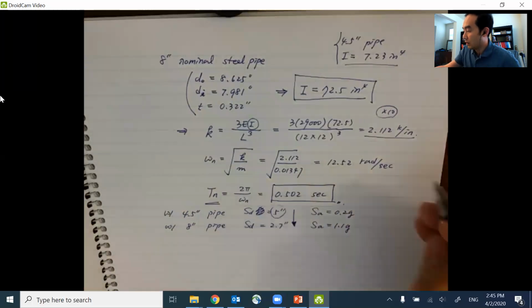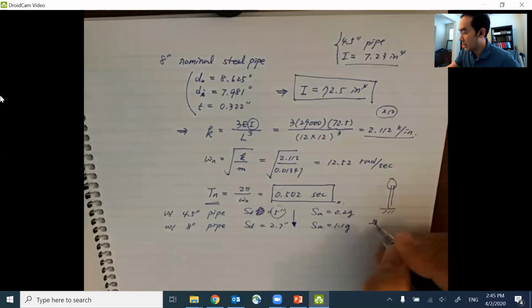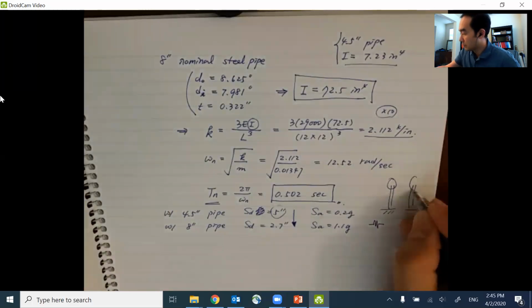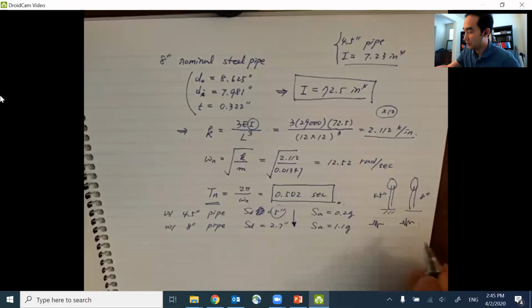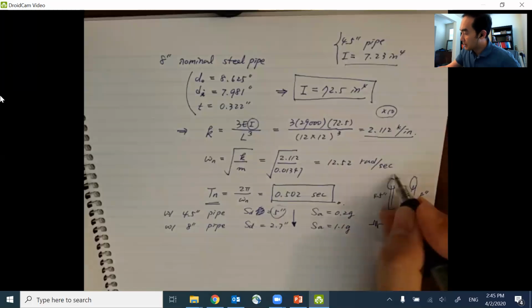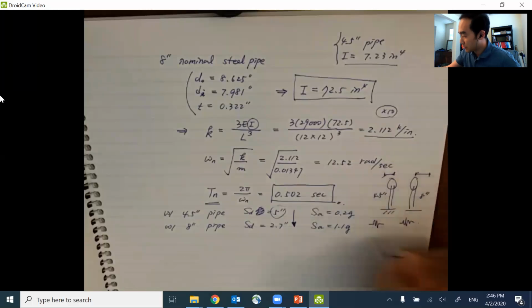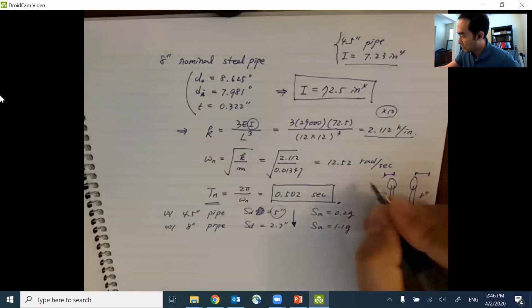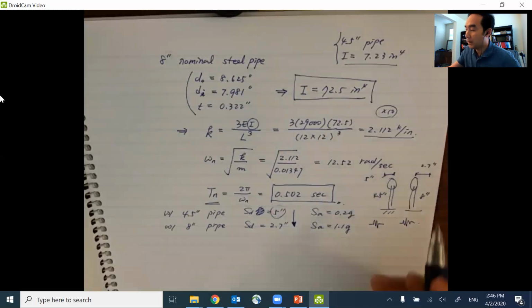So let's say here we have a structural system with the same ground motion. So let's say this is the 4.5-inch pipe, this is the 8-inch pipe. With the same El Centro ground motion, the maximum deformation at the top level is 5-inch for the first one, and now the second one is 2.7-inch, which is better performance in terms of the maximum deformation.